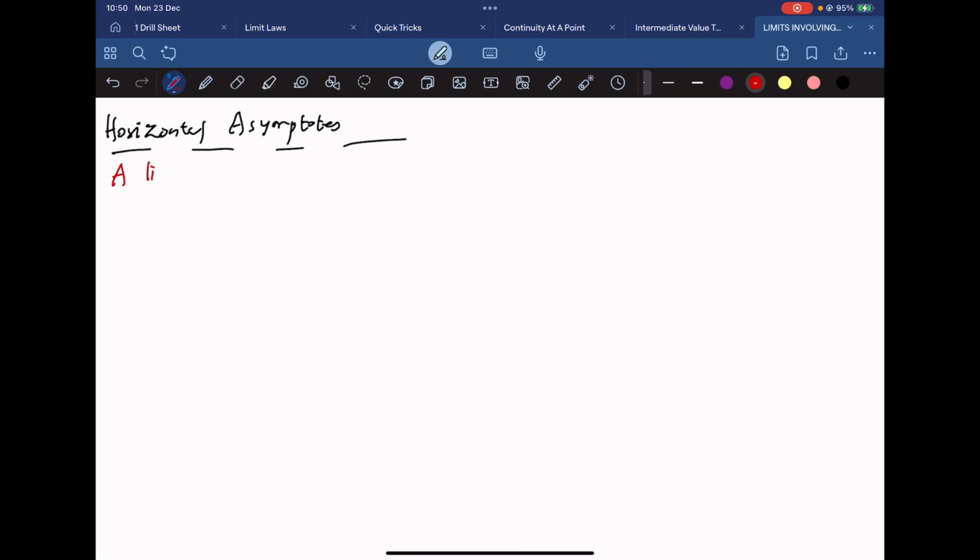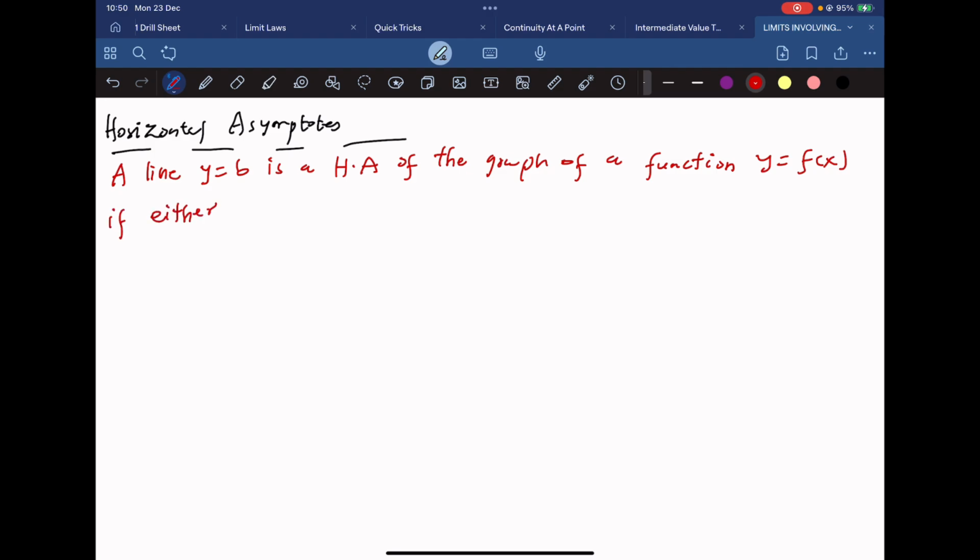A line y equal to b is a horizontal asymptote of the graph of a function y equal to f of x if either the limit as x approaches infinity of f of x is equal to b, or the limit as x approaches minus infinity of f of x is equal to b.